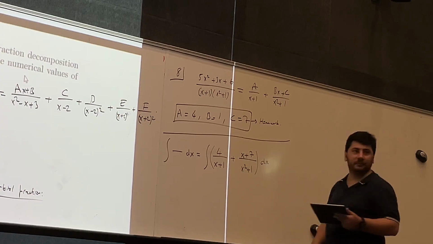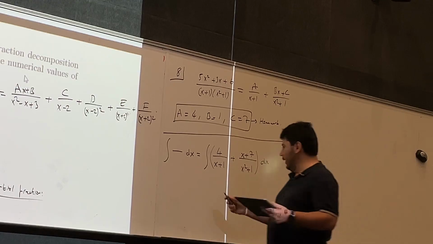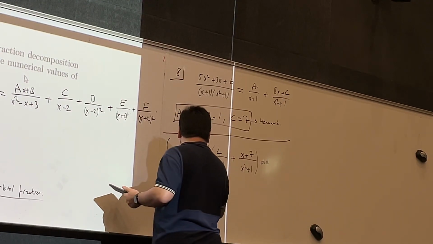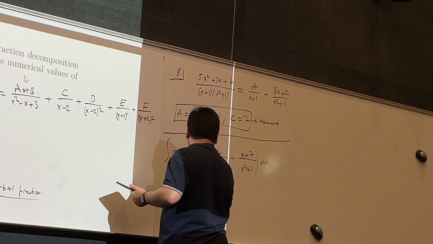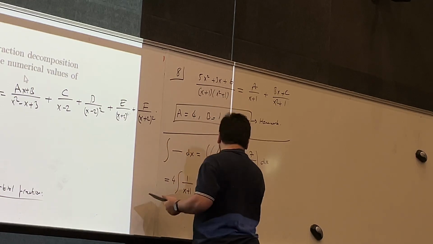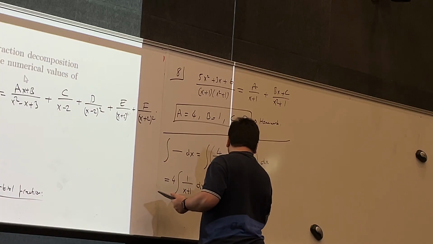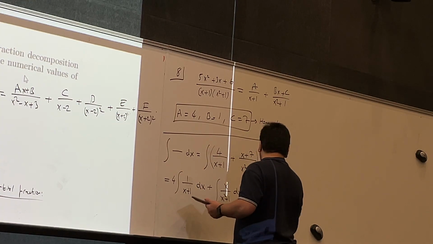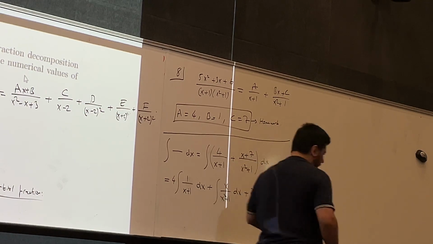Am I right? Very good. So this is the integral of 4 times 1 over x plus 1 dx, plus x over x squared plus 1 dx, plus 7 times 1 over x squared plus 1 dx.